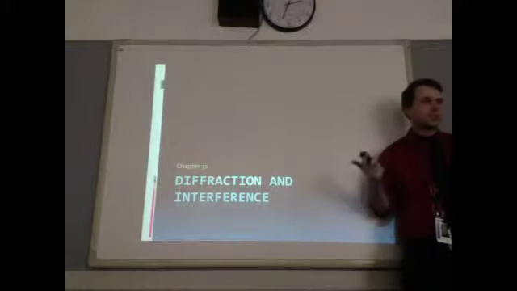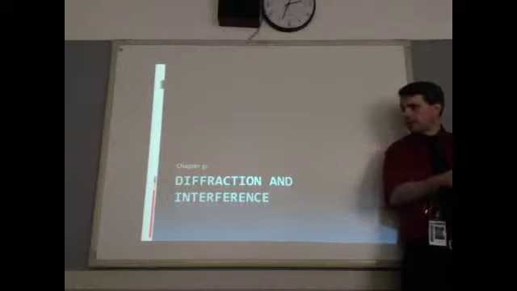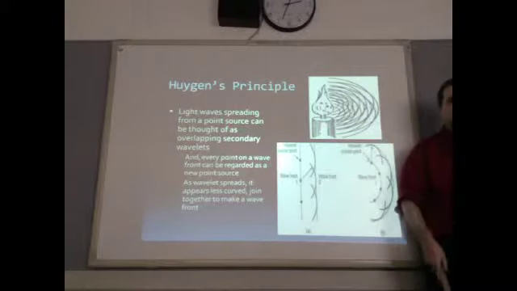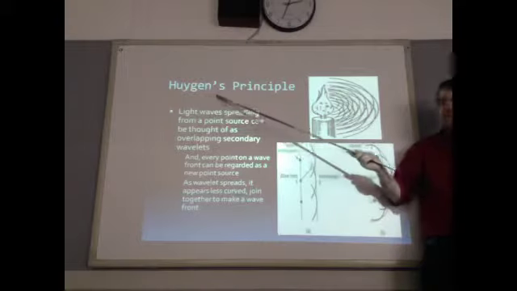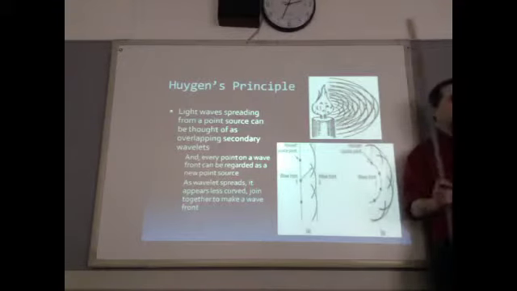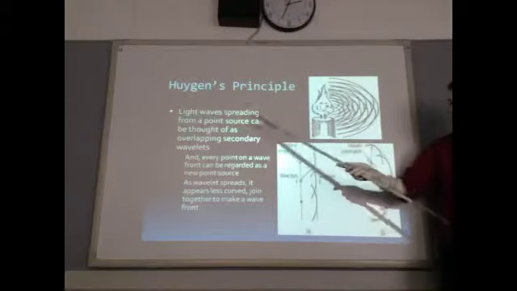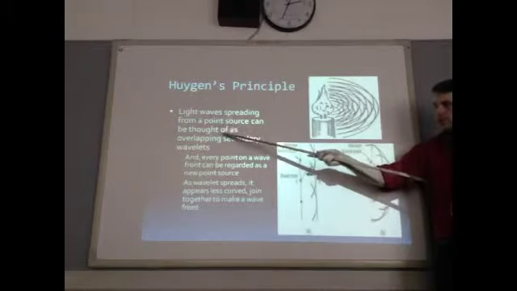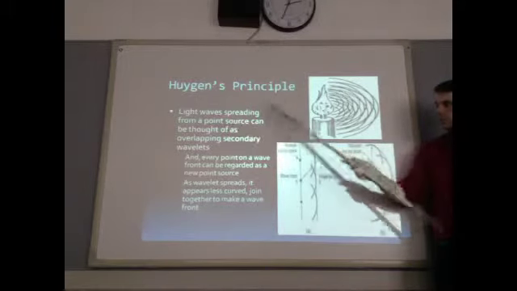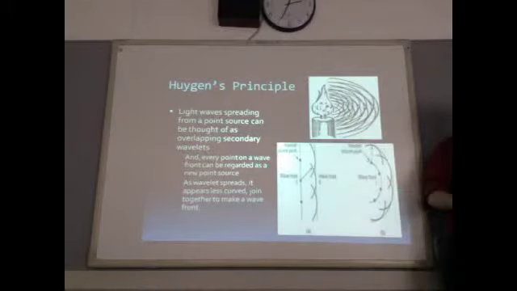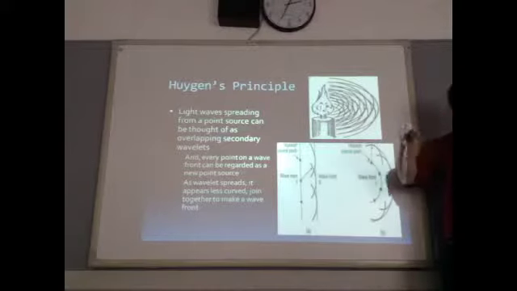Diffraction and interference. Start with diffraction today. So, diffraction is based on Huygens' principle, because Huygens realized that light acts slightly differently than just by reflection or refraction. Instead, he saw that light waves spread from a point source, like a light bulb or a candle flame, as overlapping secondary wavelets, just little drops.